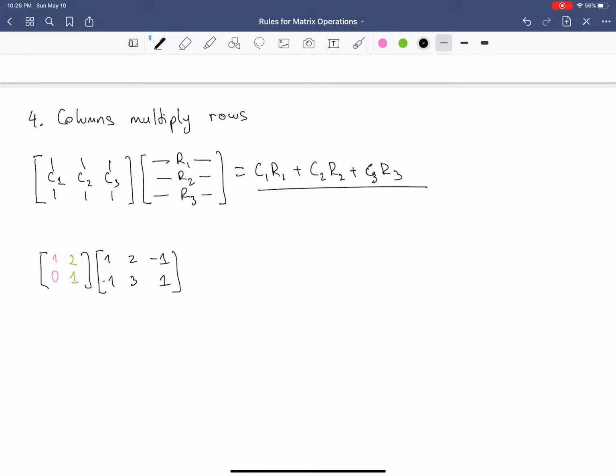Now, what this procedure is saying is take the first column, so we have the column 1, 0, times the first row, 1, 2, -1, plus the second column times the second row.